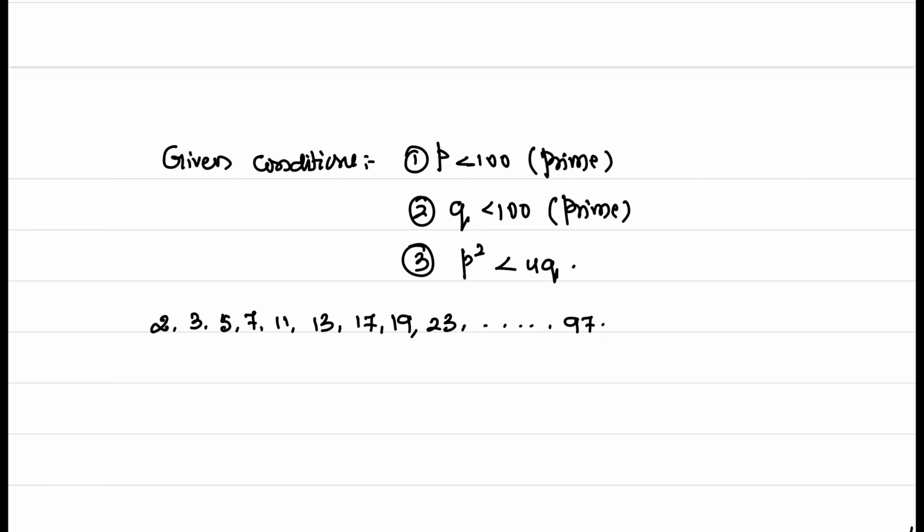Let us say P is equal to 2. P is equal to 2 satisfies the condition that P is less than 100 and it's a prime.